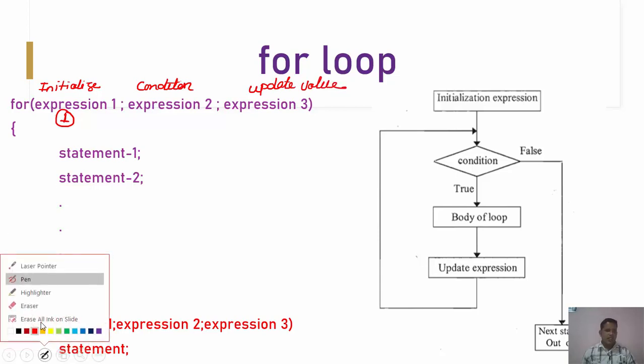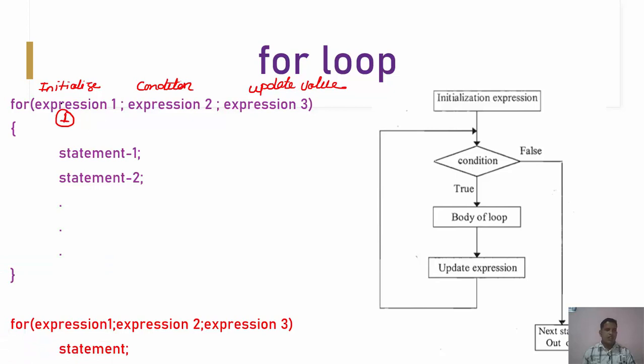And generally, or most of the time, expression 1 includes the assignment operator. That means we assign a value within expression 1. These are basically the logical or relational operators we use, and this is the simple mathematical operation, either increment or decrement.